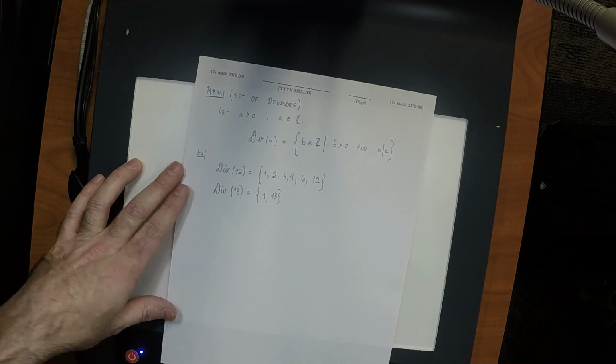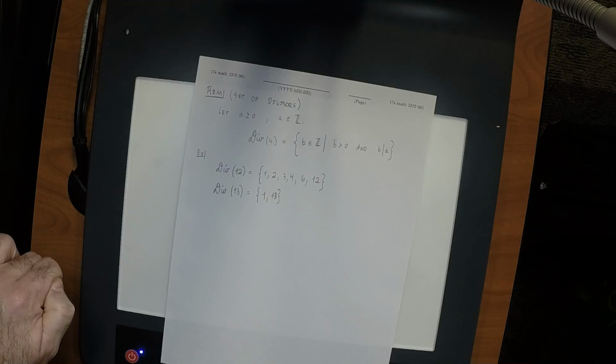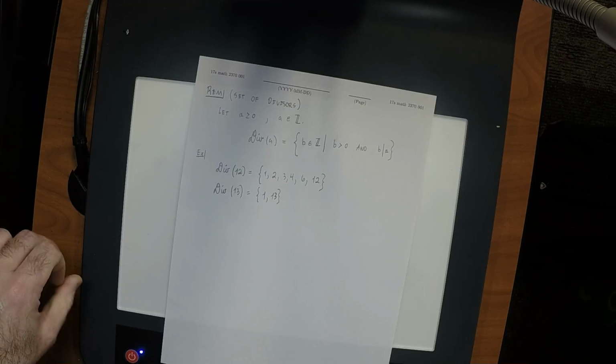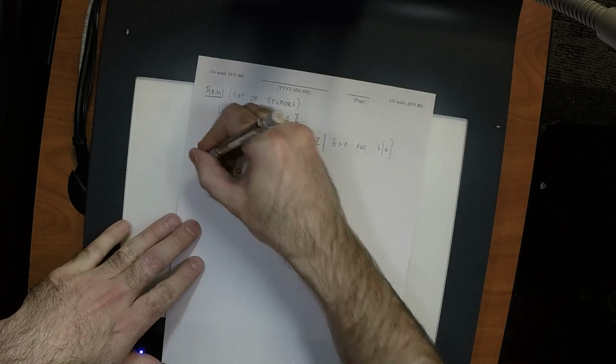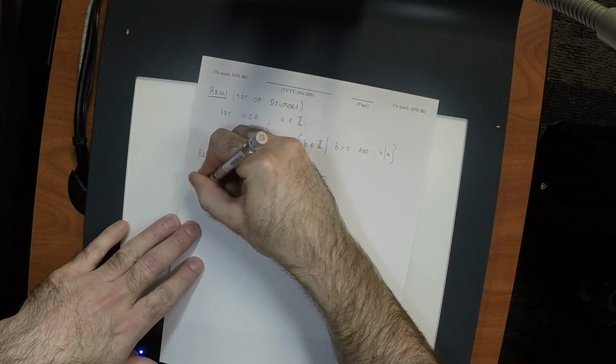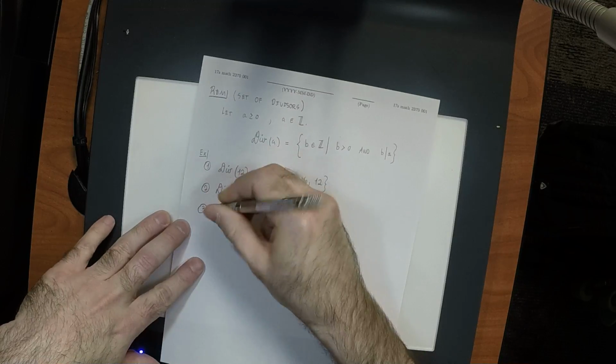Now, one thing that I want you to observe is that given any integer whatsoever, 1 is always a divisor. So 1, 2, 3.